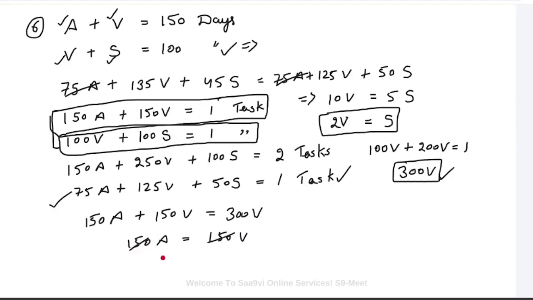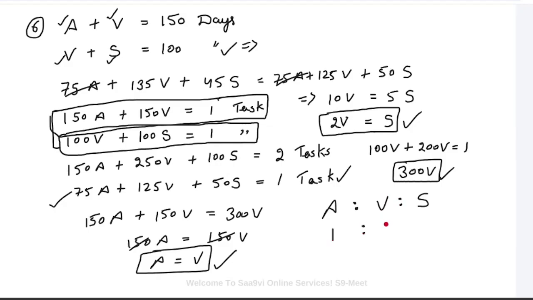That means A is equal to V. So these are two important pieces of information we have. One is A is equal to V, second is V is equal to S by 2, or 2V is equal to S. Now that is exactly the information we got till now from the first two lines. That means the ratio of the units of A, V and S is 1 is to 1, that is 2.